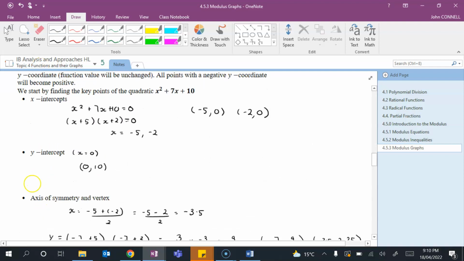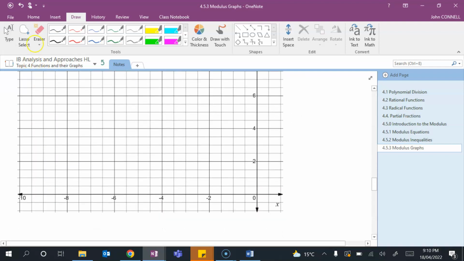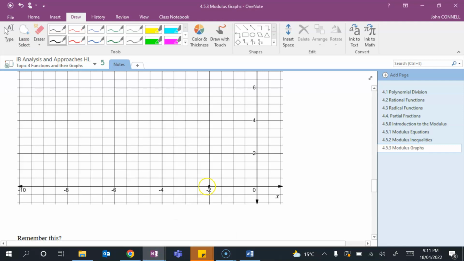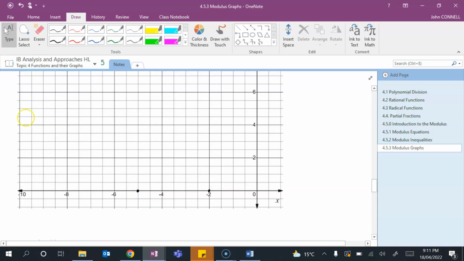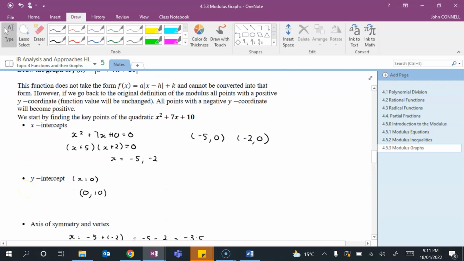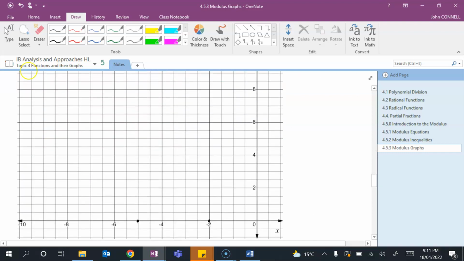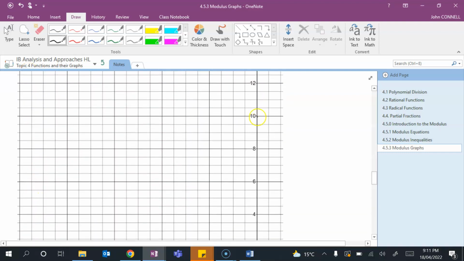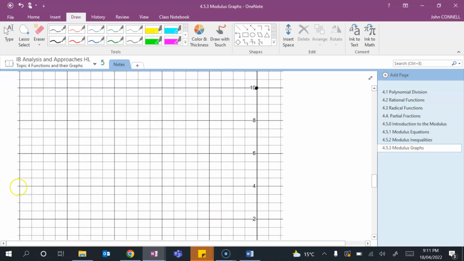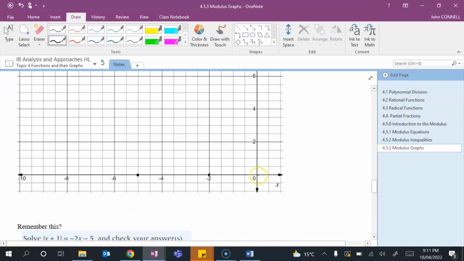Okay, alright, so x-intercepts were minus 5 and minus 2. So minus 2 is there, minus 5 is there. Let's worry about the vertex in a second. (0, 10) is my y-intercept. So the graph is going to go up to 10 by going 2 to the left.